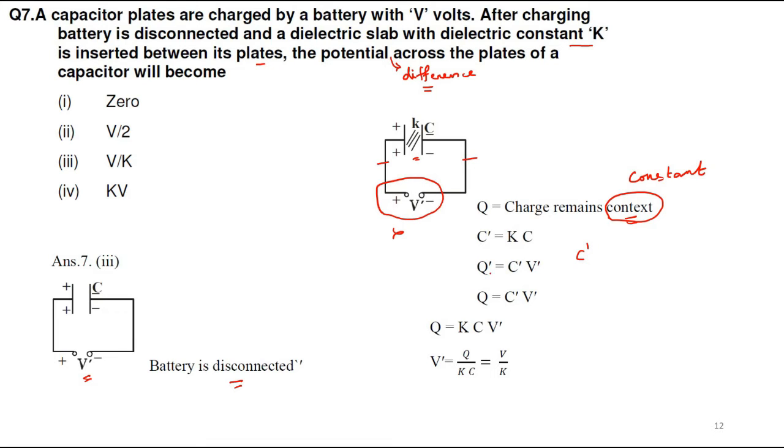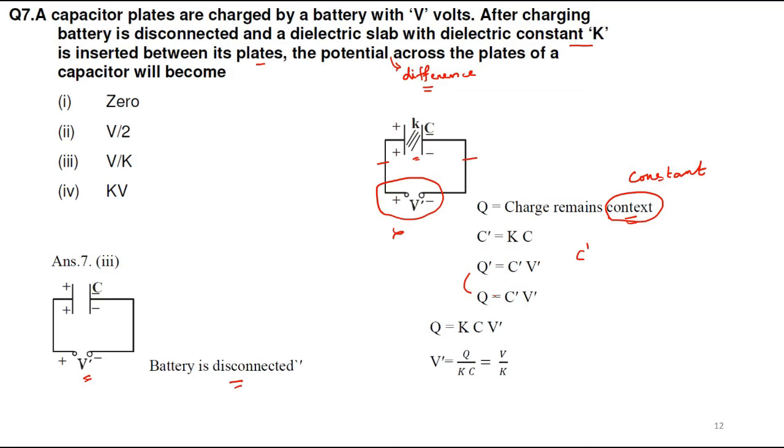Q prime is the charge after the dielectric is introduced, C prime is the capacitance after the dielectric is introduced, V prime is the voltage after the dielectric is introduced. This is fine, this is the formula. But you know, charge will remain the same.